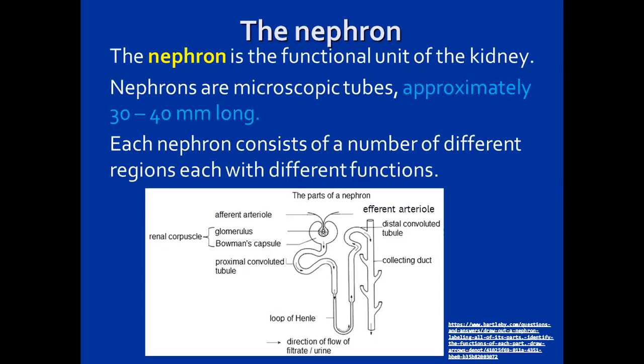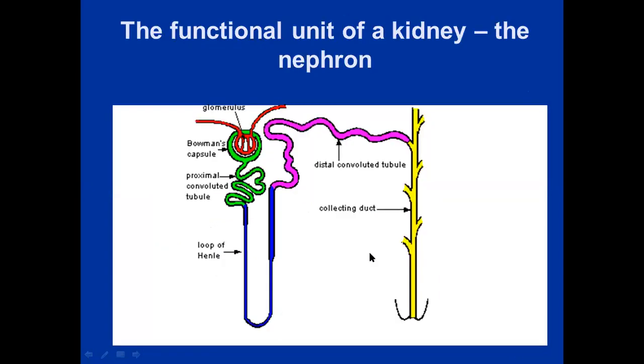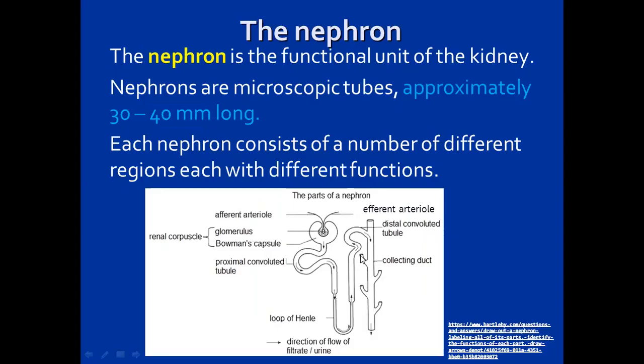And then this mouse keeps on disappearing, it's driving me insane. And then the distal convoluted tubule, and remember that that lies within the cortex. And the distal convoluted tubule joins with other distal convoluted tubules and forms what is known as a collecting duct.